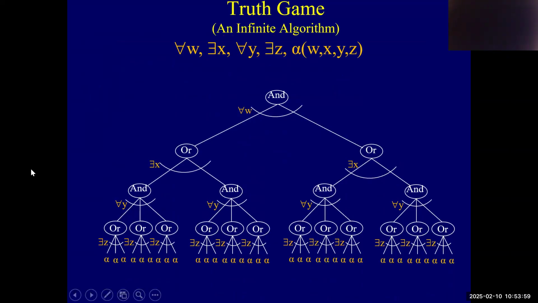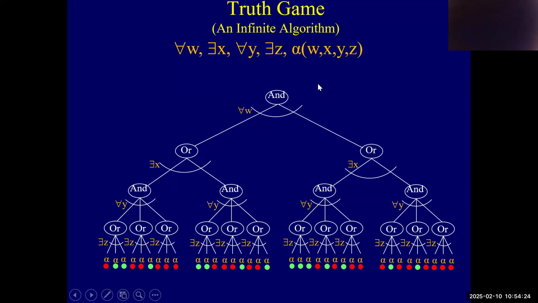But that being said, in some ways this is an algorithm for this statement. It tries all w, it tries all x, but the problem is there are an infinite number of them. So you could say, well, this node right here: I plugged in a value for w, a value for x, a value for y, a value for z.